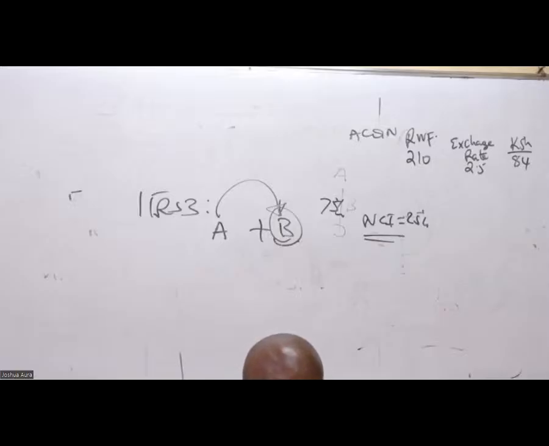So basically, if I were to read for you very fast, the challenges of implementing IFRS. I don't know whether you are writing them. Number one, implementation costs. They're explaining very well that adopting IFRS is costly, particularly for smaller companies, since it may require changes to accounting systems, etc. Complexities of the standards.